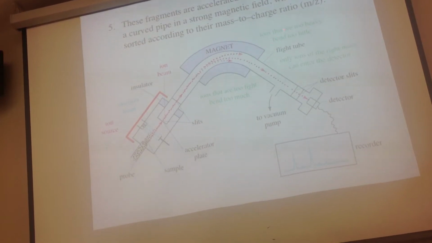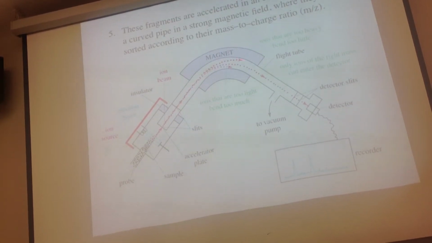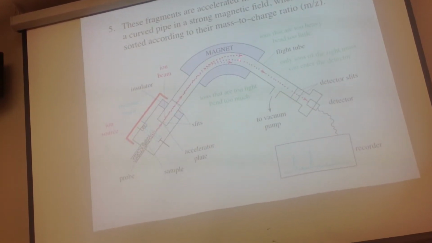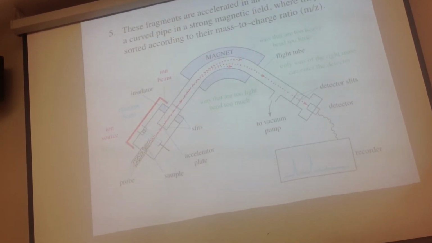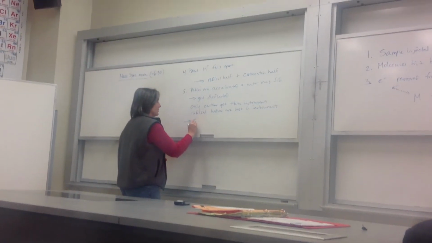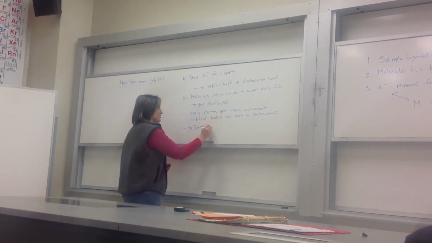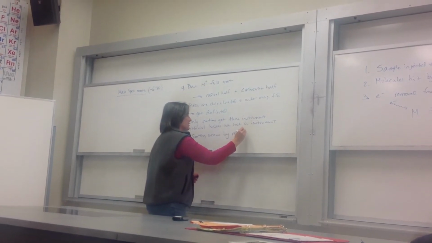If they're too heavy, that'd be over here. The ones that are too heavy come up, they just can't get curved quite enough, bang, they hit the wall. They don't get through. For a specific magnetic field strength, you get a specific mass coming out. And that is where you get your sorting out. So sorting occurs by mass.